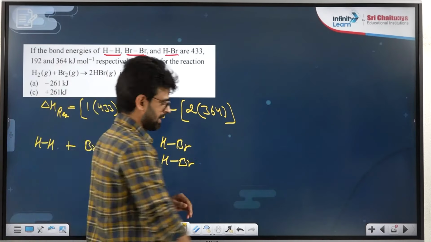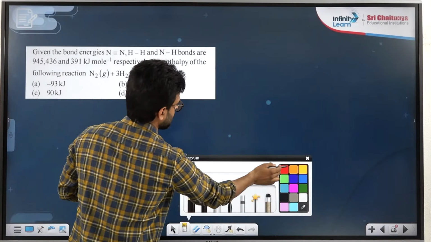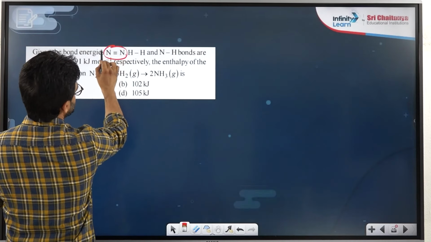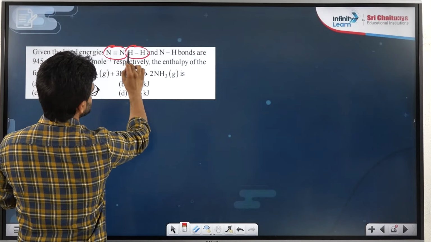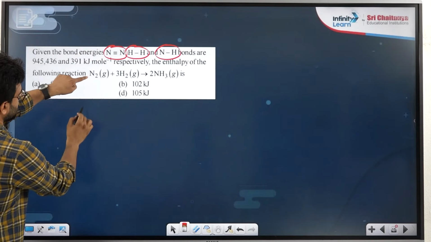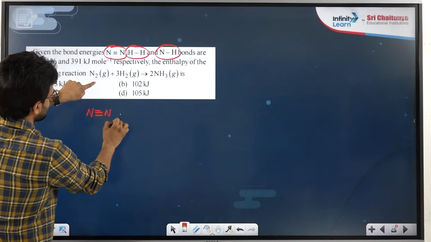Next one. Again the same question based on the same concept. For this reaction, for every component, reactant as well as product, they have given bond enthalpy. Bond enthalpy of N triple bond N, HH bond, NH bond, right? If I write the reaction, N triple bond N plus we have 3 moles of HH bond, right?